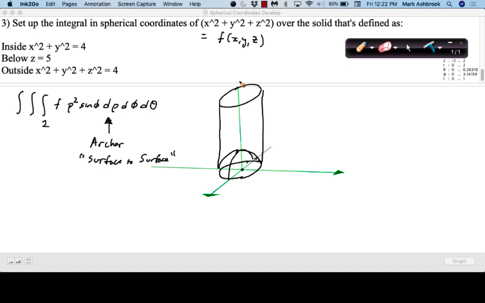But for greater values of phi, what happens? It goes out the cylinder. Do you see that? So therefore, we have to split the upper limit of integration for rho. Where the arrow leaves the solid is split between z equals 5 and the cylinder. Do you see that? We're shooting from the origin and down.